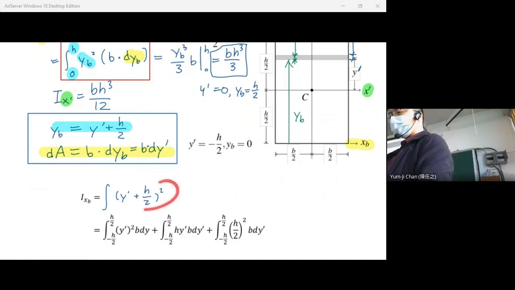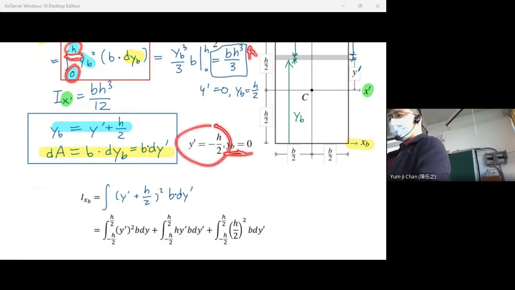Remember, we have this one and this one. Now, b times dyb would be equal to b times dy prime. And for the upper and lower limit, because here we have from 0 to h, if we write it in y prime, we would have minus half of h to plus half of h.